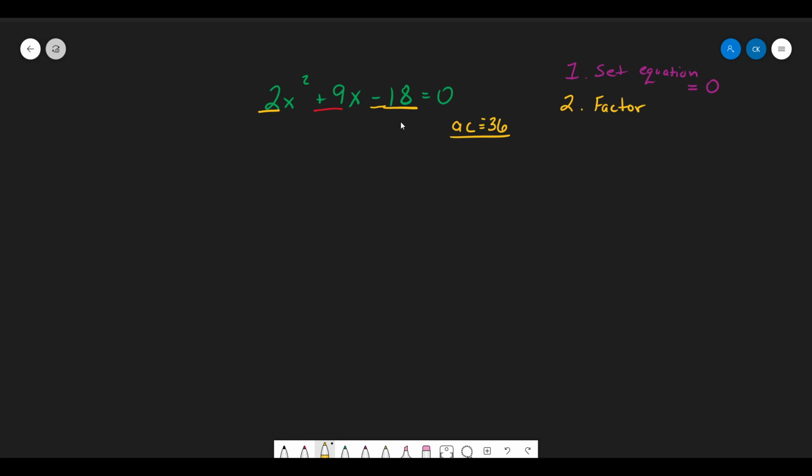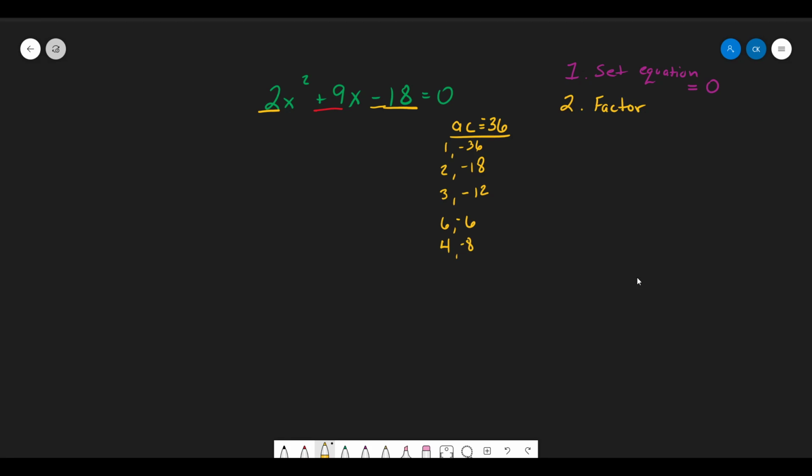So I write out my factors of negative 36. I have 1 and negative 36, 2 and negative 18, 3 and negative 12, 6 and 6, 4 and 8.